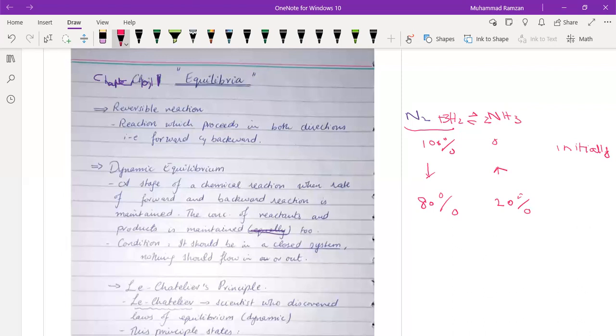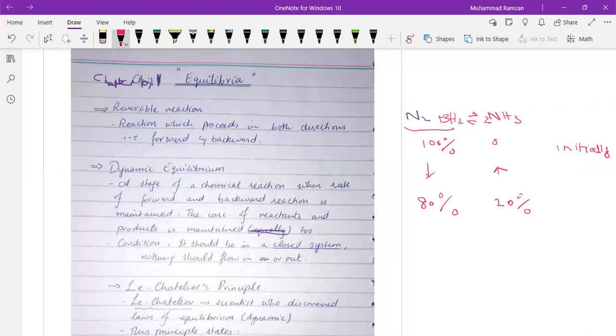At dynamic equilibrium, there would be a ratio maintained of product and reactant, and that ratio would be affected. If you remove NH3, it will stop moving backward and start going towards the forward side till a new position is maintained.